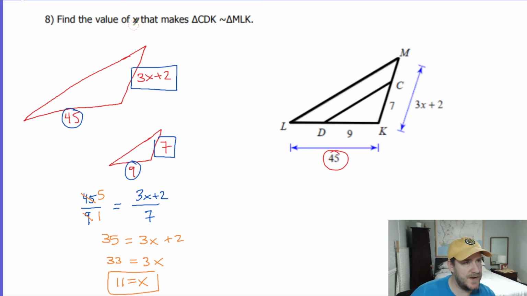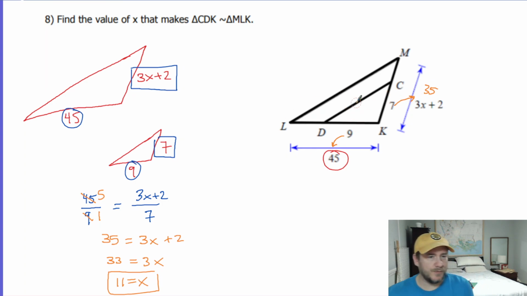So they said find the value of x that makes these triangles similar. Great, that value is 11. Again, if you want to double check, 3 times 11 is 33 plus 2 is 35. So is that ratio working? Seems to be. 9 times 5 makes 45, and 7 times 5 makes 35. So yeah, we're proportional. And therefore we're similar.